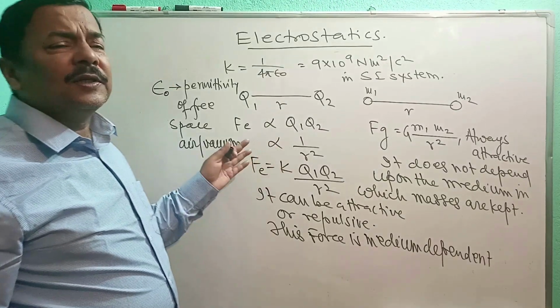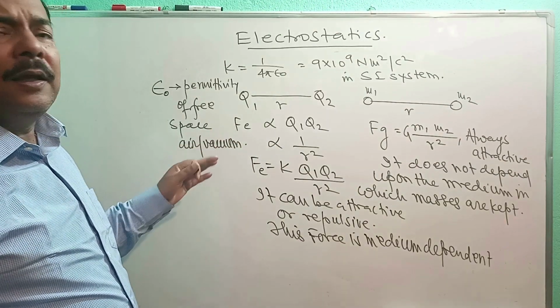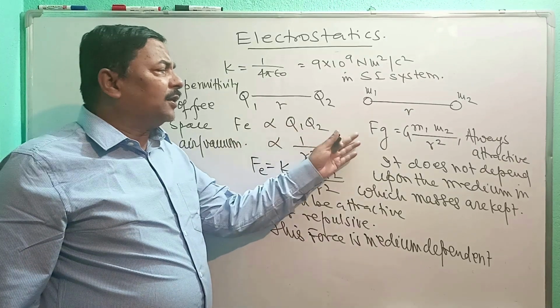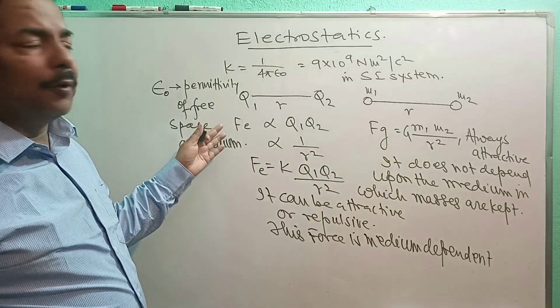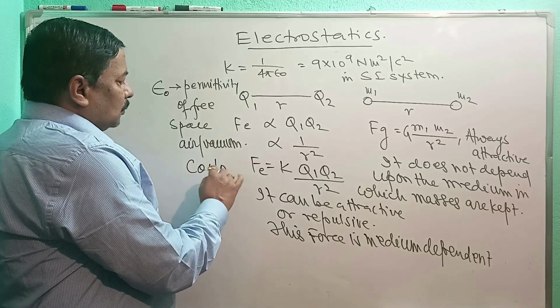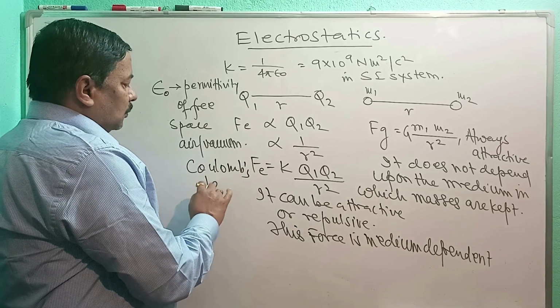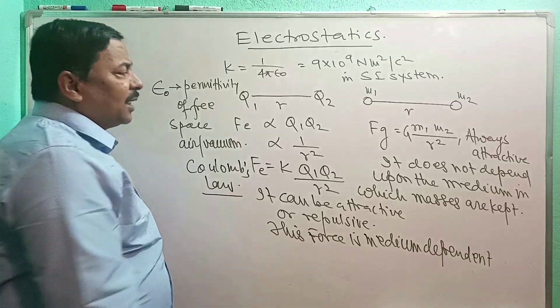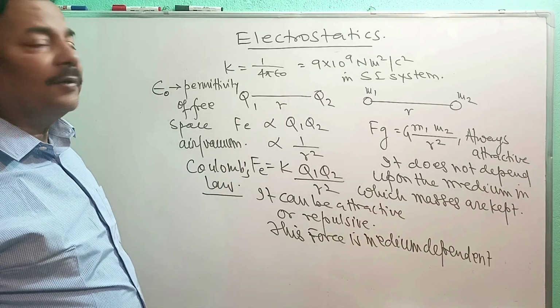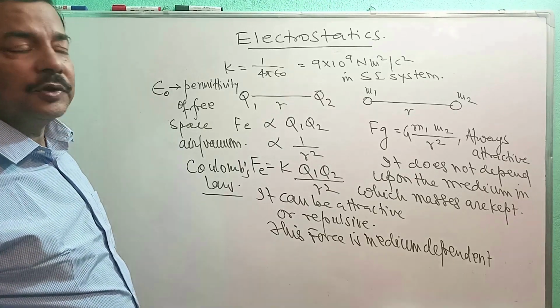With this much discussion, you might be understanding the gravitational force and the Coulombian force. This is Coulomb's law. You might be understanding the similarity and dissimilarity between gravitational force and Coulombian force.